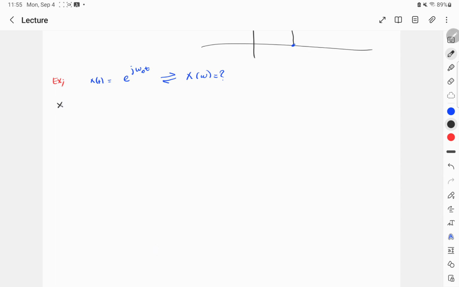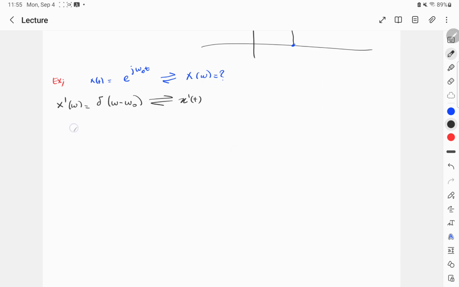Now let's assume that the Fourier transform of x'(ω) is equal to δ(ω − ω0), all right? And so this is the Fourier transform of x'(t).